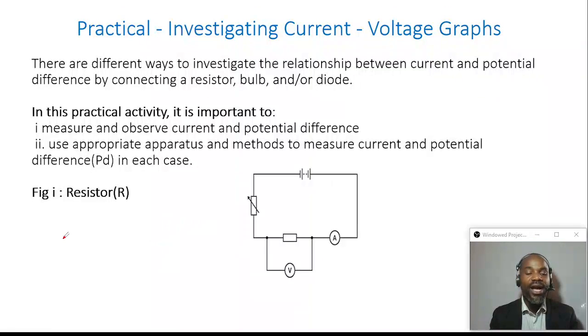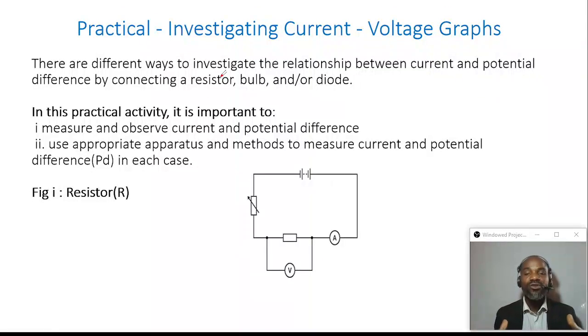Now we are going to take time to illustrate and explain in clear terms what this is all about. Practical: investigating current voltage graphs. There are many ways to investigate the relationship between current and potential difference.